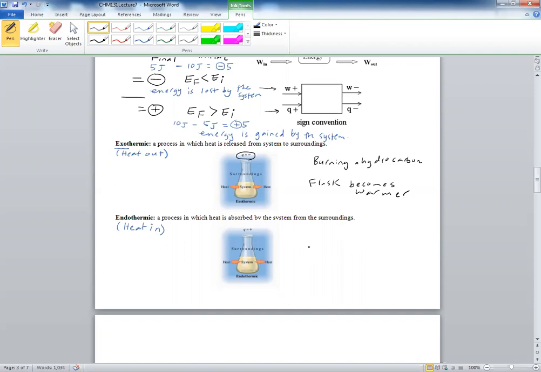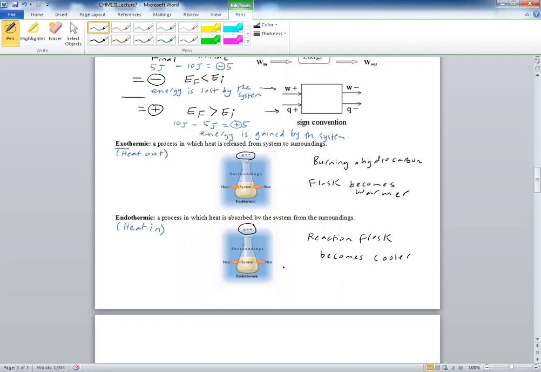Whereas if you have endothermic, and the reaction flask becomes cooler, then that means that this system actually absorbed energy from the surroundings, and then Q would be a positive value.